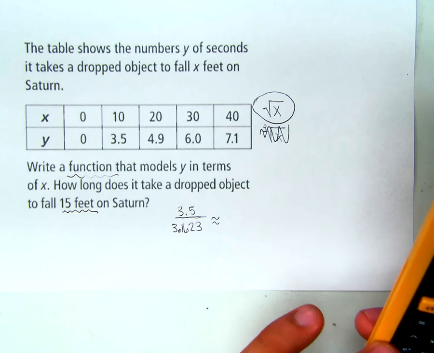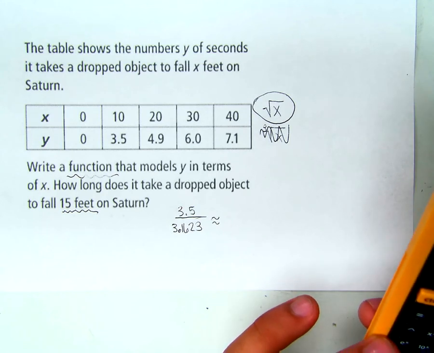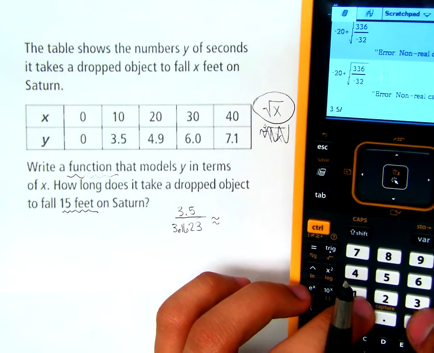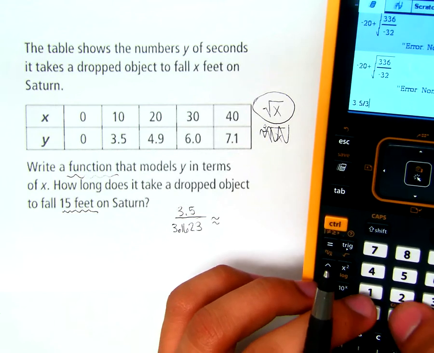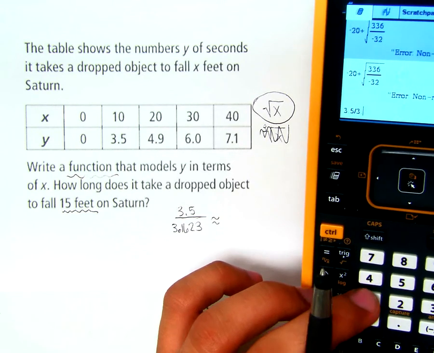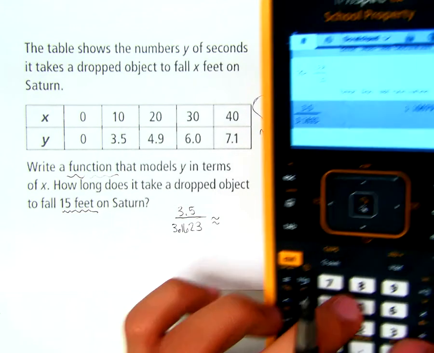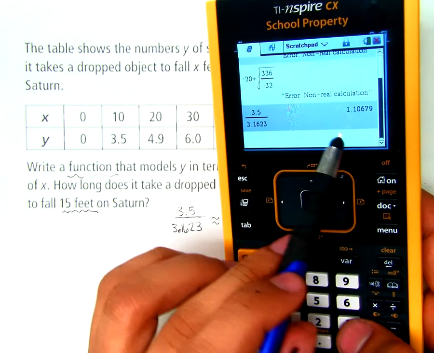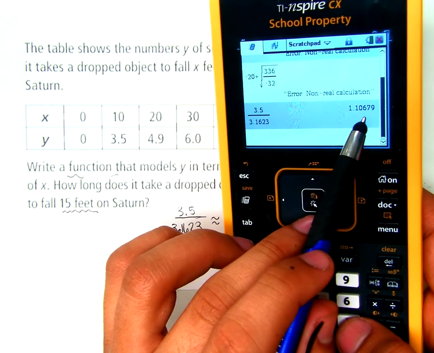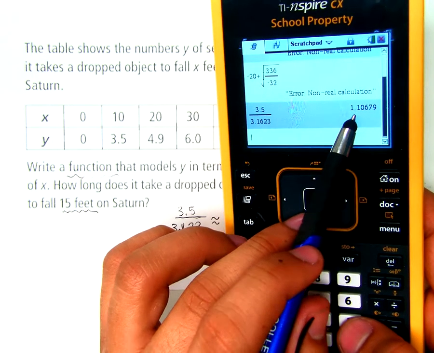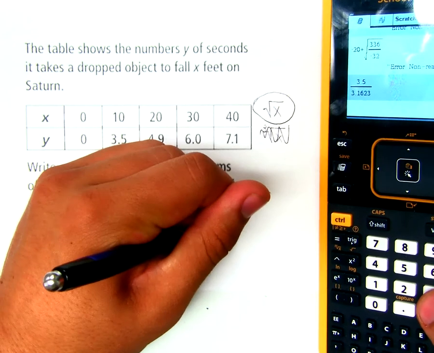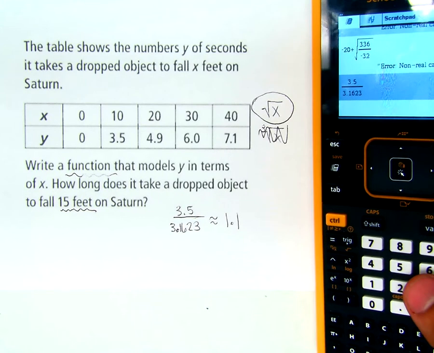So 3.5 divided by 3.1623 equals 1.106, and we're just going to round to 1.1. We're just getting an estimate. So that's about 1.1.